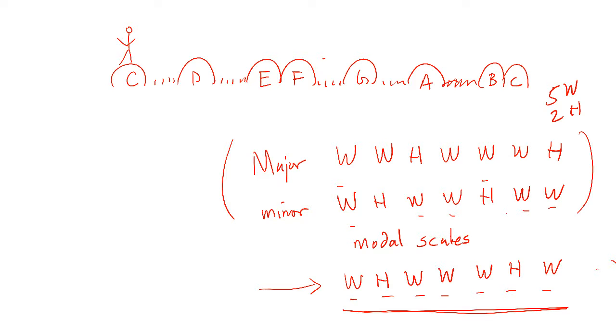And that's what I'm testing. I want to see the pattern of arcs and angle brackets to show where whole and half are. And then you're going to have to make spelling choices about what's going on.